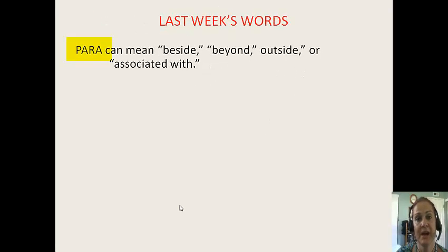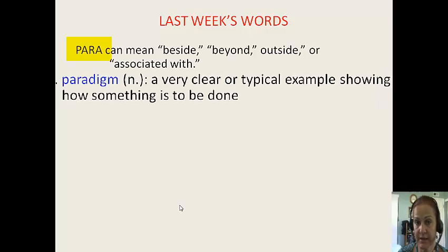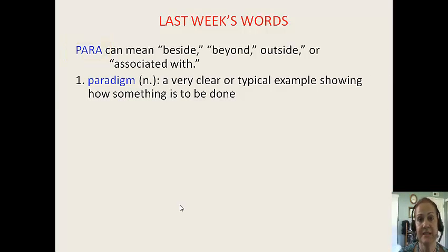Okay, you're going to combine these with your para words from last week. We had para, which meant beside, beyond, outside, or associated with. Our 4 words from last week were paradigm, a clear, typical example showing how to do something.